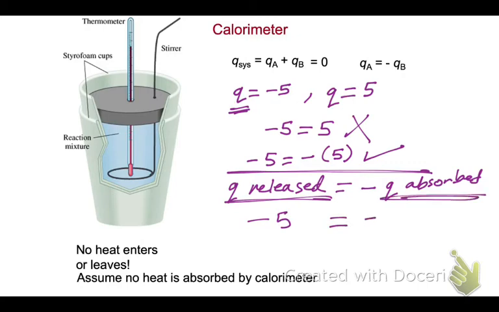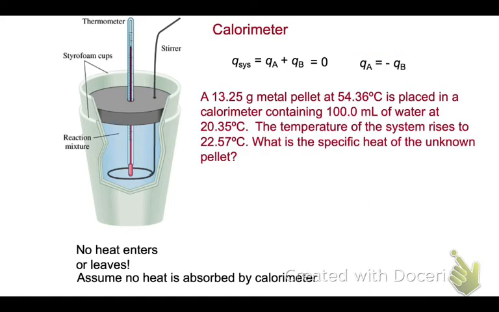The Q absorbed equals 5, but -5 will equal -5. So I always have to put a negative here, and that's why we say Q released equals negative Q absorbed. You will see what I mean when we solve a question in the next part.